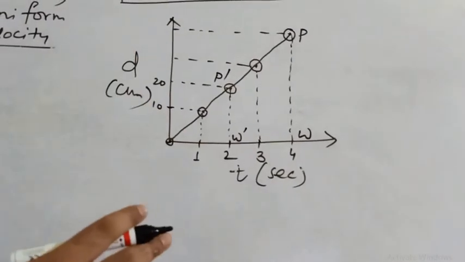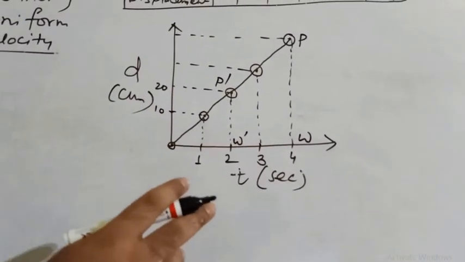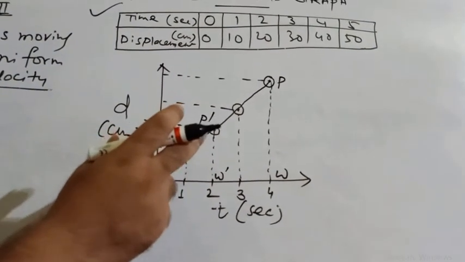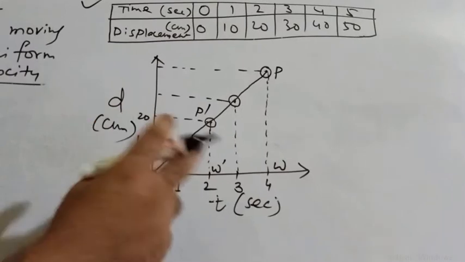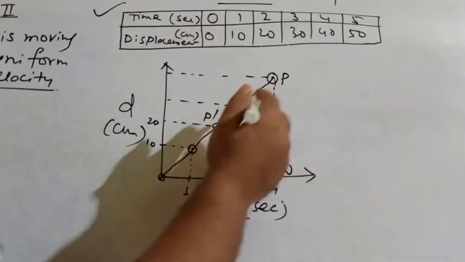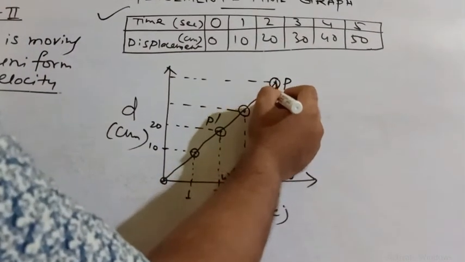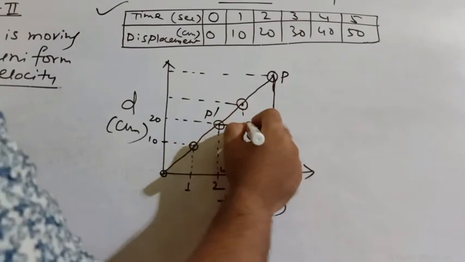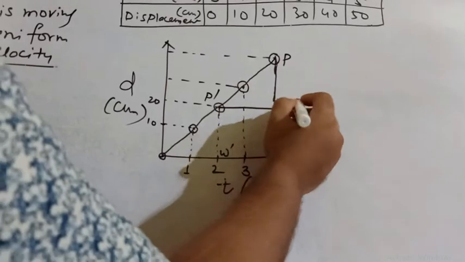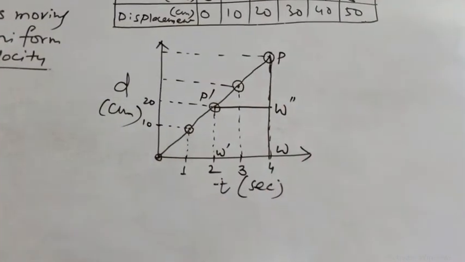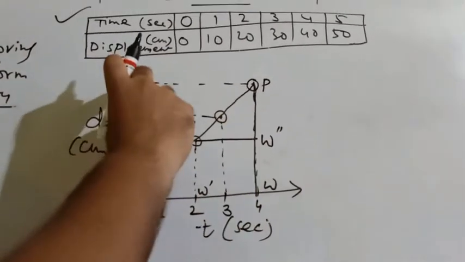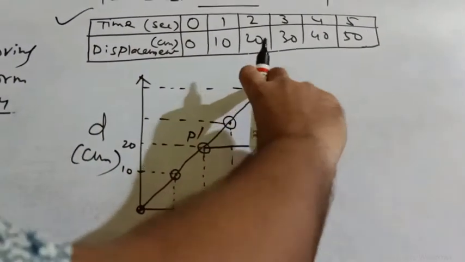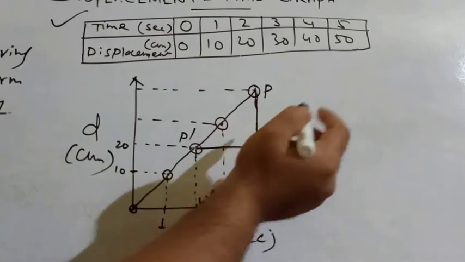I told you, if I can find the displacement by time, easily I can get velocity here. So I will join this line and join this line and give it W double dash. Clear? So from here, how much is the displacement at any 2 points I take? So from this, the displacement is P W double dash.